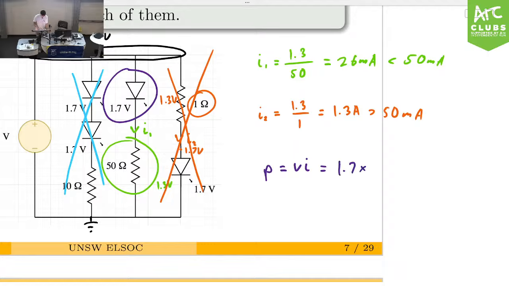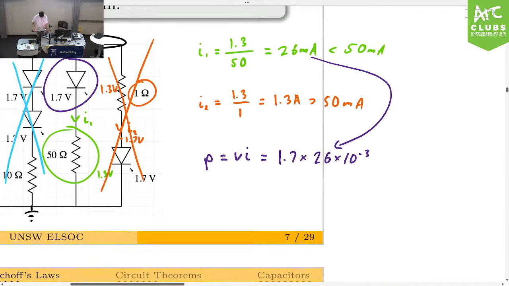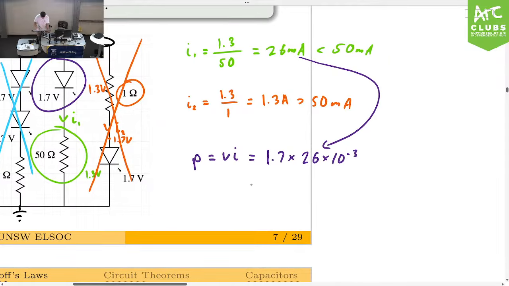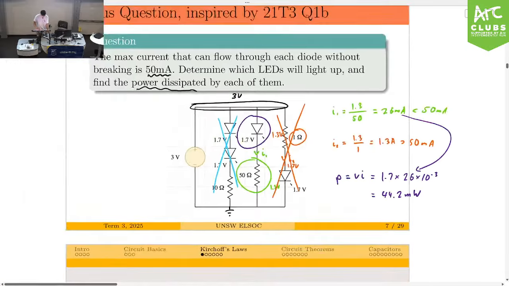And the current through here, we calculated over here, which is 26 milliamps. So 26 times 10 to the minus 3 amps. And then if I put that in the calculator, we should get 44.2 milliwatts, okay? So that's the first question.